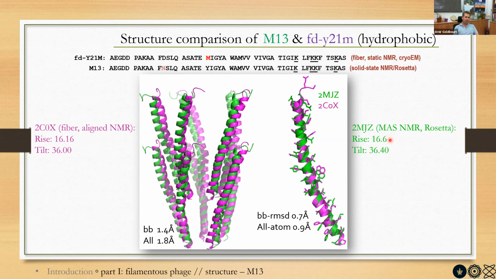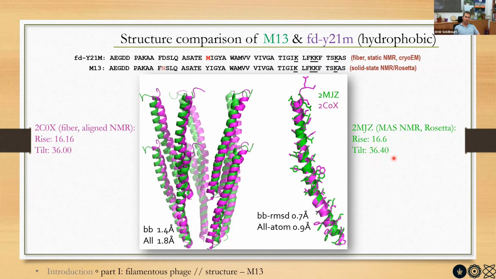Now, this seems like a very small number, but you have to consider that there are about 350 such pentamers in a particle. So if you multiply 350 by 0.45 angstrom, then you get quite a difference in the total length of the particle.